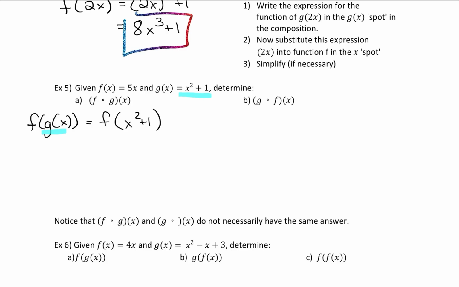Now I'm going to use my f function, and everywhere that I have an x, I have to change that to x squared plus 1. Now you're just going to simplify by multiplying to get rid of the brackets.